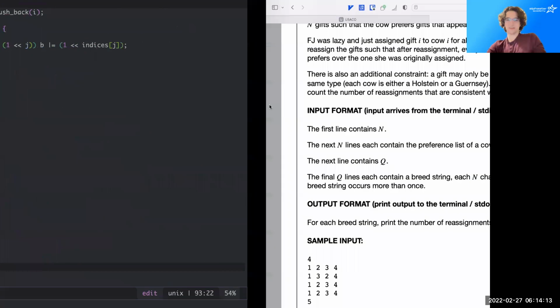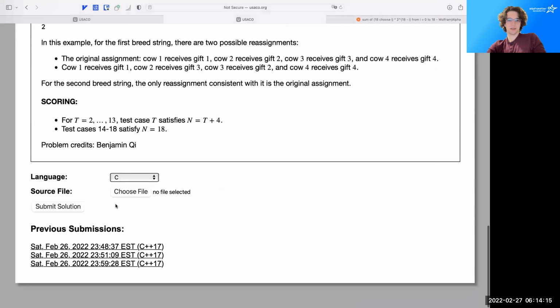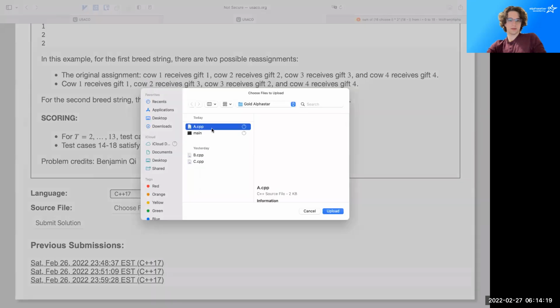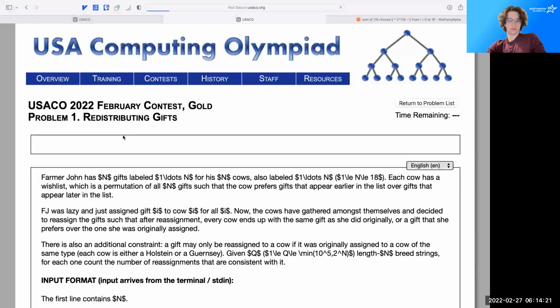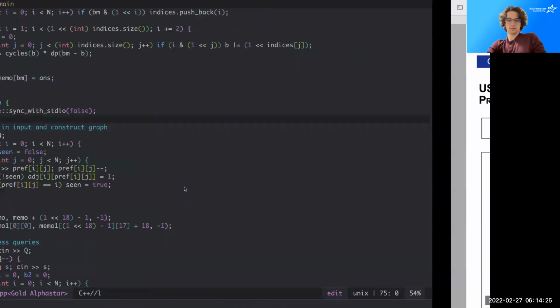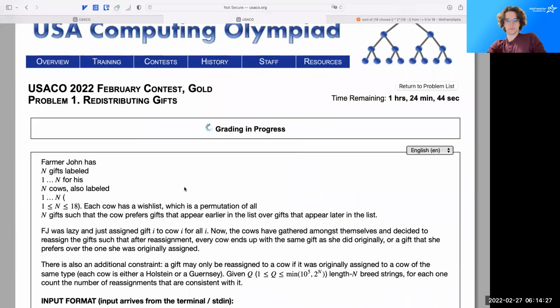I'm not even trying to implement it correctly, but let's just submit and see what we got. No, it's correct at least.